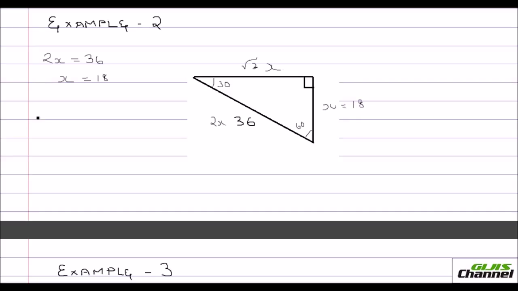Now for the long leg, you know that it is root 3x. So that is going to be root 3 times your x, which is 18. So that would be 18 root 3. So this side is 18 root 3. As easy as that.